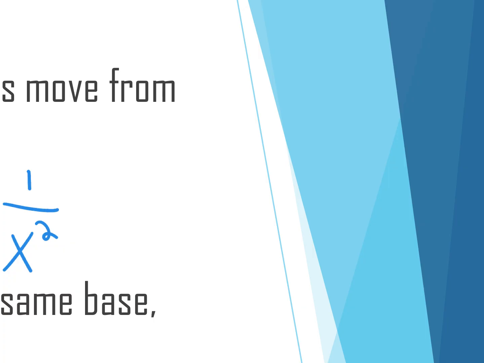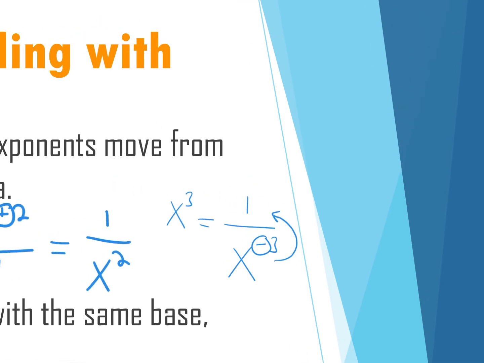So if I had 1 over x to the negative 3, is it in the top or the bottom? It's in the bottom. Negative exponents, for the sake of this class, are not simplified, so you need to make it positive. The only way to make it positive is to switch its position. So if it's on the bottom, move it to the top. Then this becomes x to the power of 3. All right?